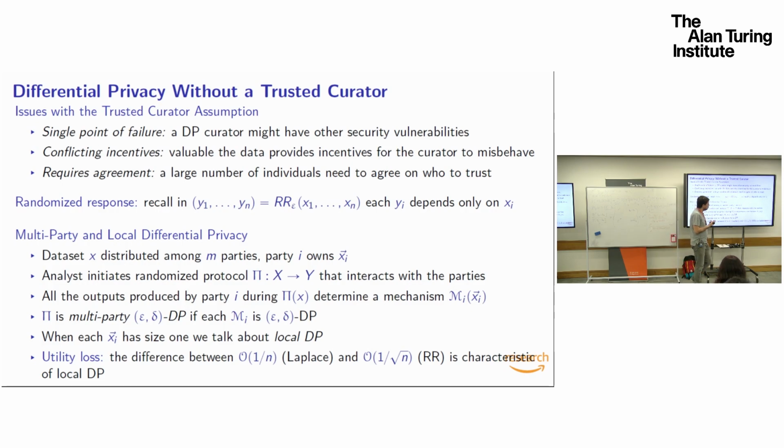But we want to see what happens at these outputs generated by party i, when party i is trying to protect their own data, when things about xi might change. So what we say is that this protocol pi is multi-party epsilon-delta DP if each of these individual mechanisms that generate all the outputs from the party i are epsilon-delta DP.